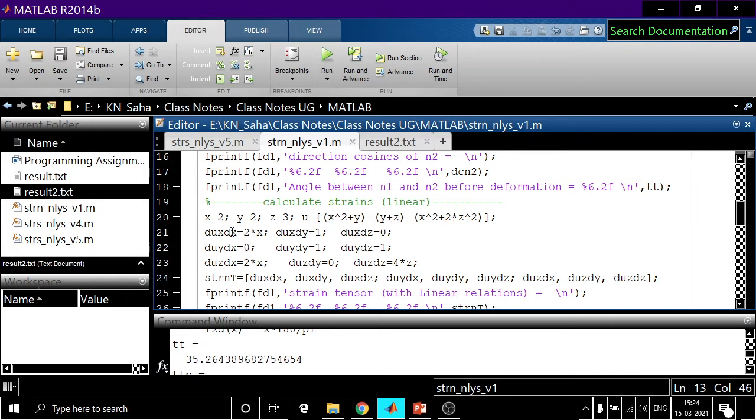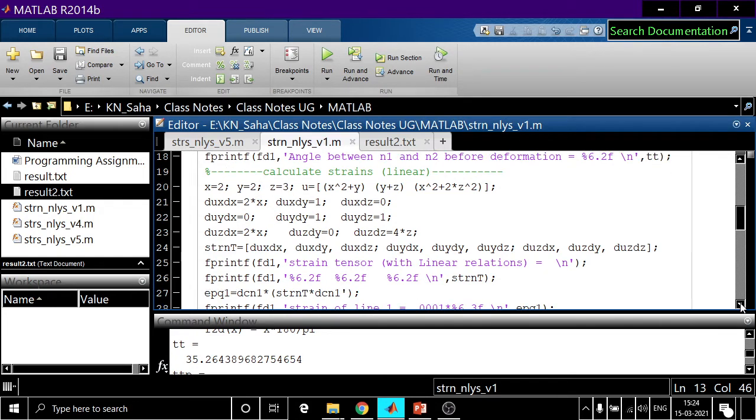So what does it indicate? Del ux del x, the partial derivative of ux with respect to x, will be 2x. Accordingly we formed these strain components.